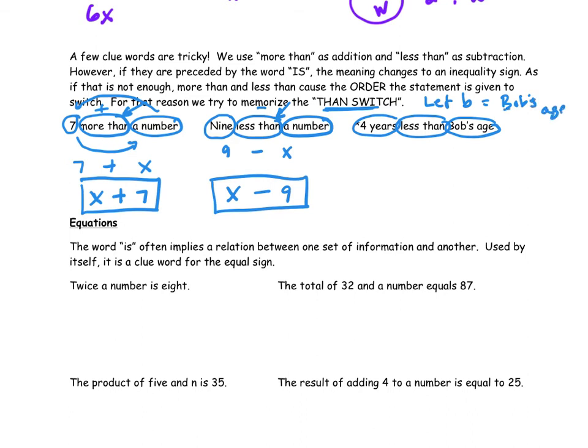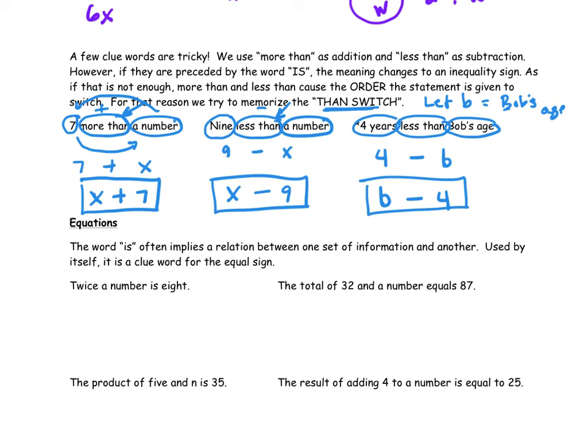What they've given me is 4 first, "less than" would be minus, and then Bob's age, which we're going to write as B. However, if you thought about it, 4 less than your age, you would take your age and take away 4. So if I use my logic, it makes sense why we would take Bob's age and take away 4. 4 less than his age. So this is the way we should write that phrase.